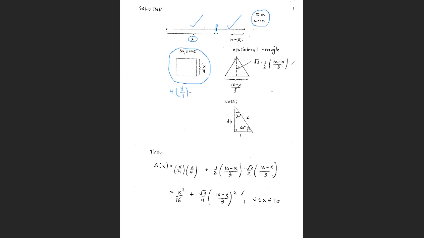So the perimeter of the square has to equal the length of my wire, and my wire is x meters. All right, are there any questions on that? Let me know.